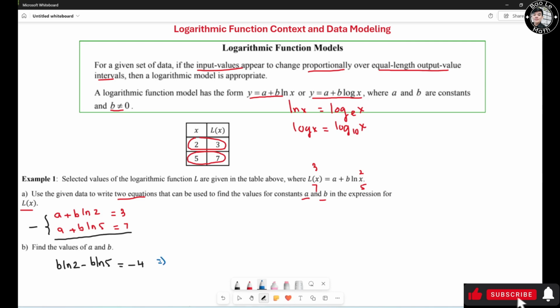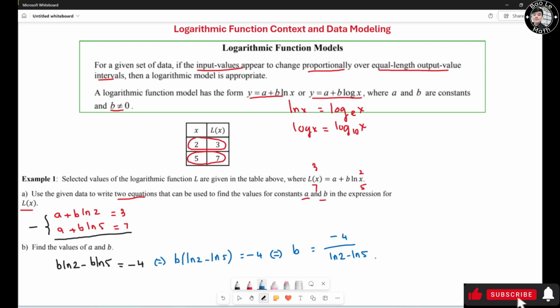So this turns out to be b times natural log of 2 minus natural log of 5 equals negative 4, right? Now I'm going to divide both sides by natural log of 2 minus natural log of 5, right? So b equals negative 4 divided by natural log of 2 minus natural log of 5, right?